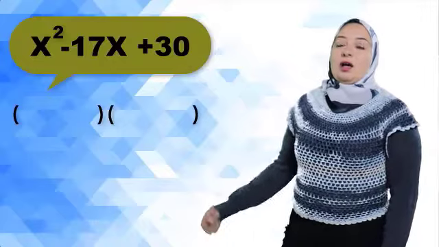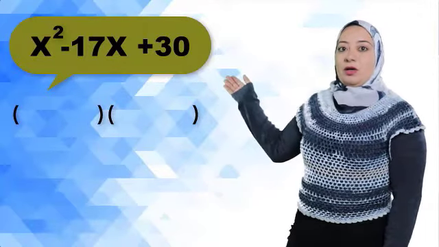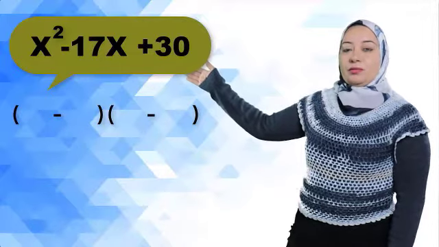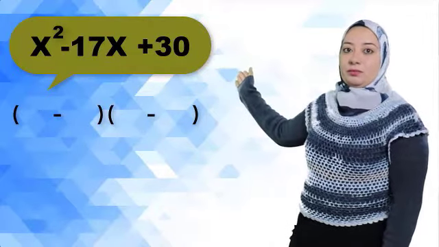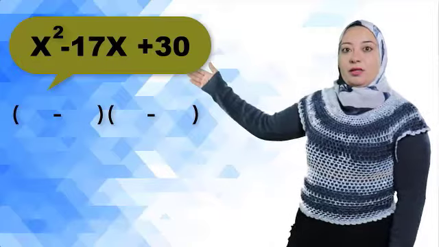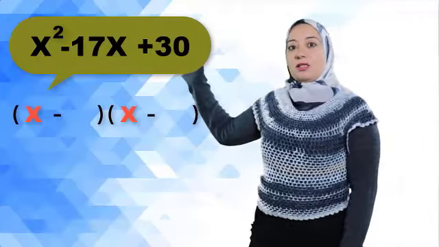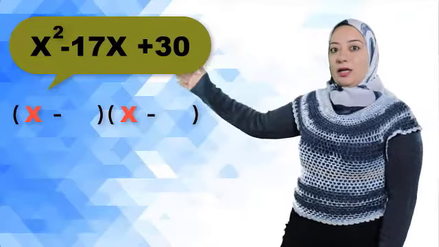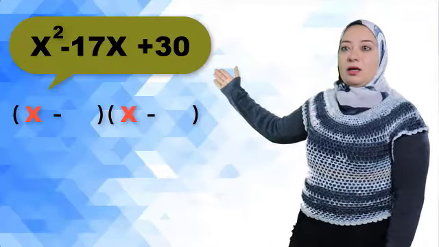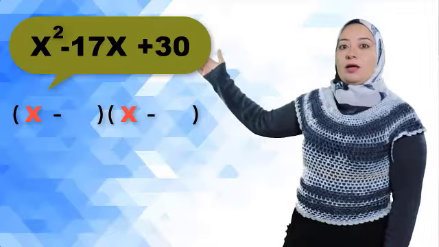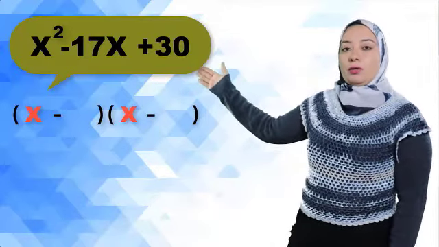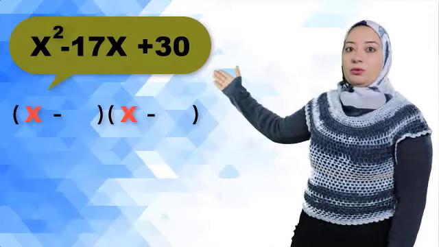Now, after putting our signs, the next step is to factorize the first term and the third term. The first term, for example x squared, we will factorize into x times x. If it is y to the power 4, we will factorize it into y squared times y squared.